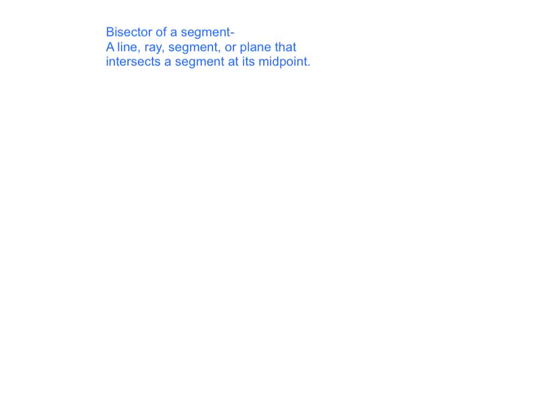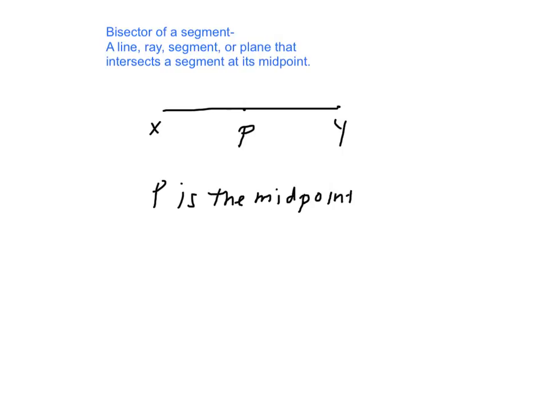So for example, if we had a line segment, and we refer to those endpoints as X and Y in this case, and we had point P that was the midpoint of XY, then any line that came through point P would be the bisector of line segment XY.